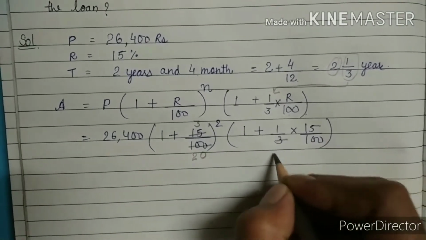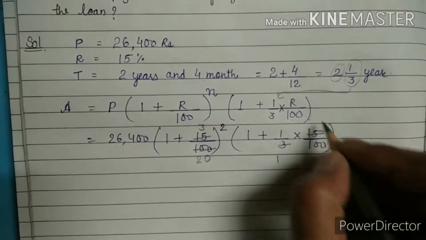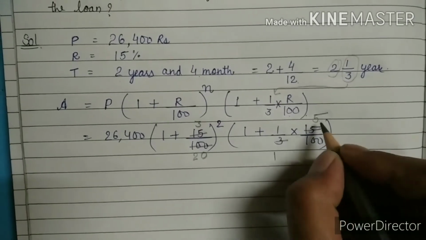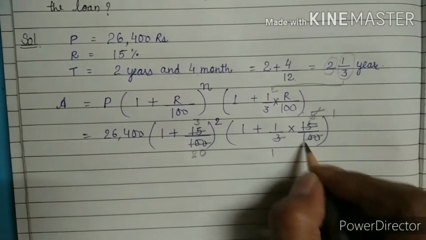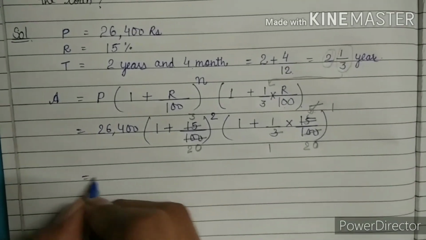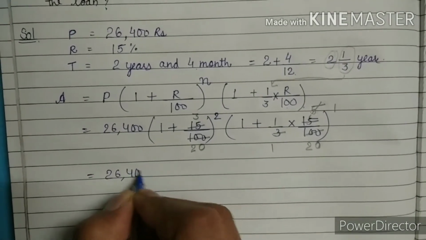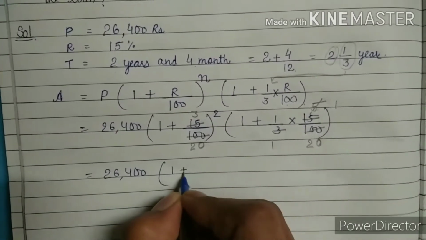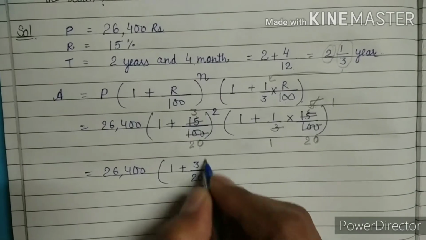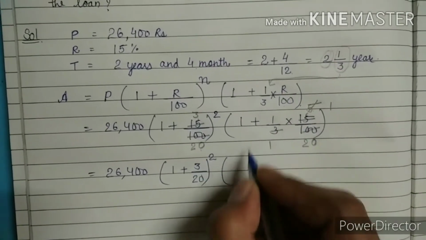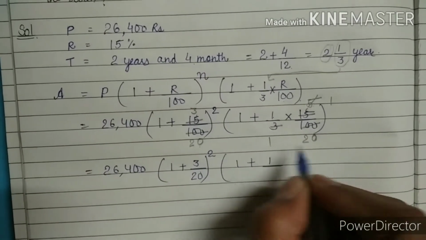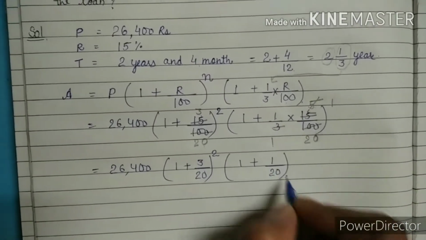Here also 3 1s are 3 and 3 5s are 15. Now this 5 will cut 100; 5 1s are 5, 5 2s are 10 and 0 as it is. So what we have is 26,400, 1 as it is, here 3/20, 3/20, whole power is 2, 1 plus 1 into 1 is 1, 1 into 20 is 20.